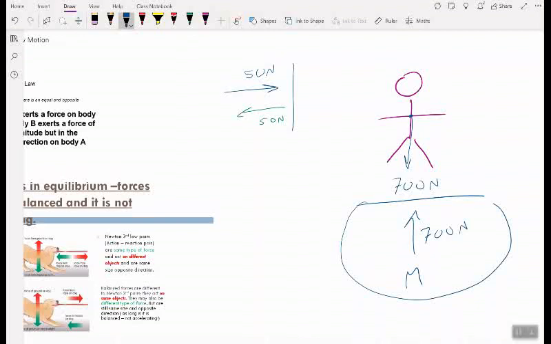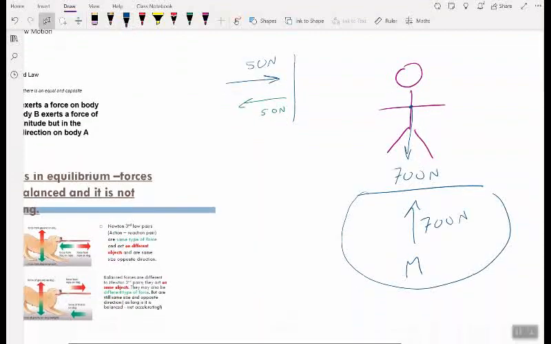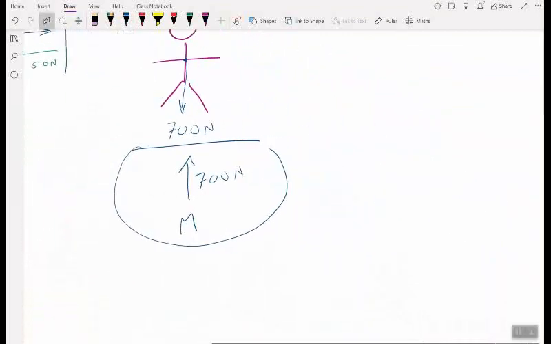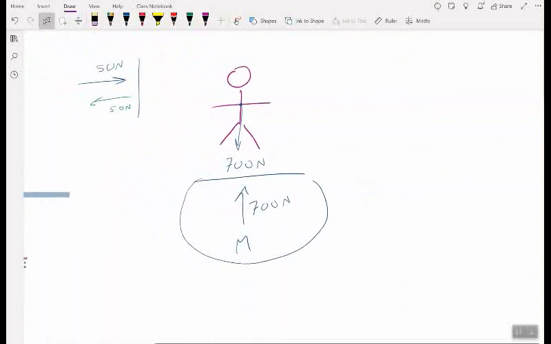But it is true, obviously, that if you push into the ground with 700 newtons, you'll feel 700 newtons back. So where is that coming from? Well, that's where we need to be careful. If we're calling that gravitational force, well, if you were falling in the air, you would always have your weight going downwards, but you wouldn't have a reaction force coming upwards.